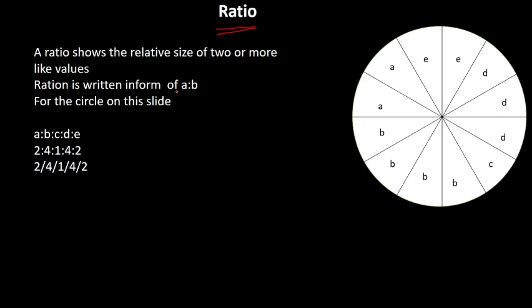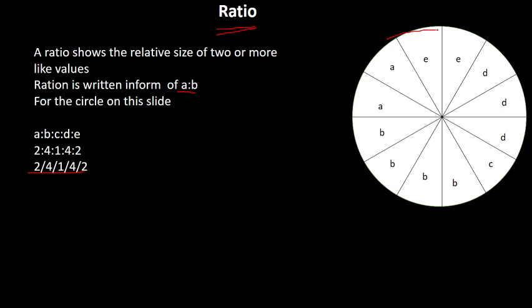Now, ratio is written in this form and can be written in terms of fraction. That is about ratio. In the physical sense, in real life, when we are talking about ratio, it's like we are cutting things into segments.